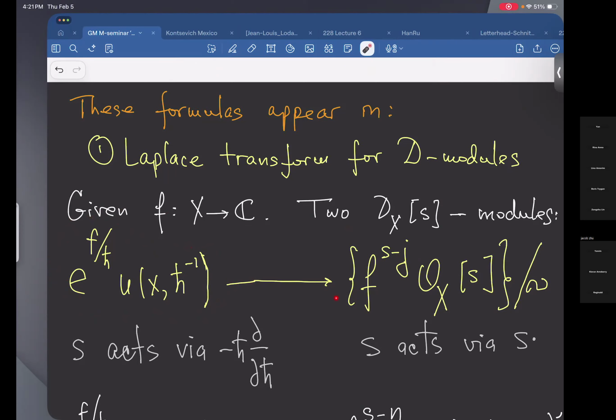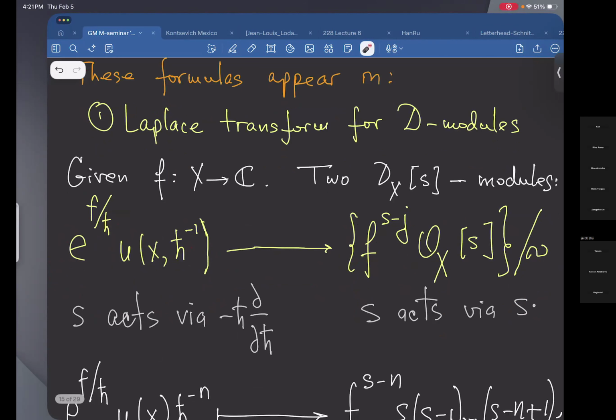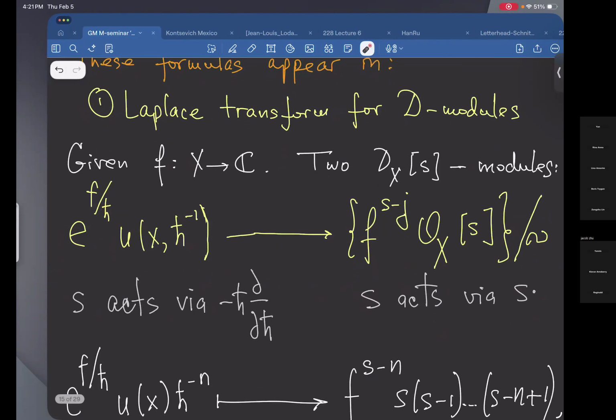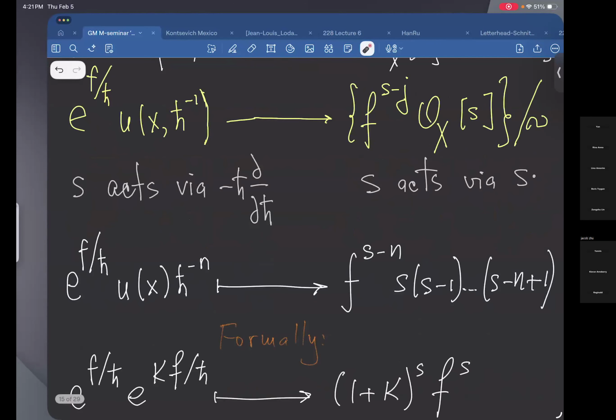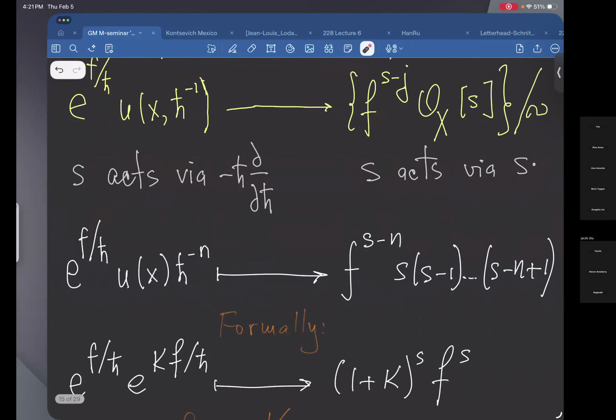And also you have a different kind of D module where you multiply by this formal thing, and S acts via minus h d over dh. And then you have a morphism from one to another, which is given by that formula.